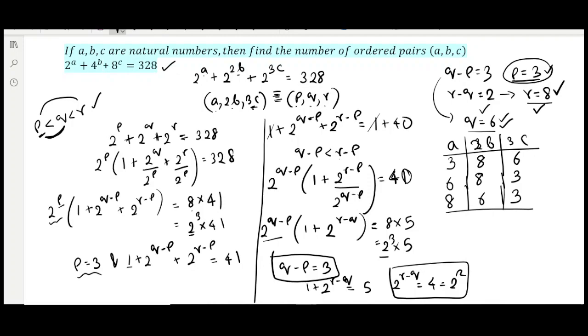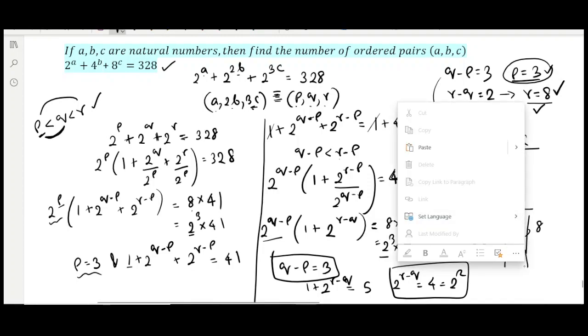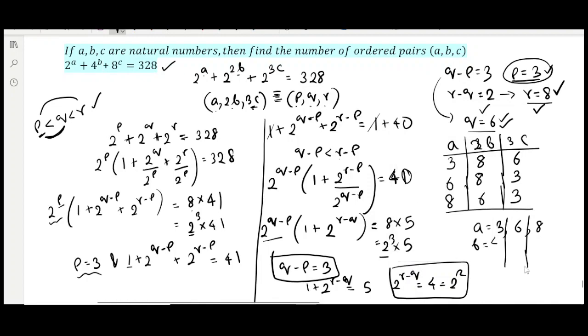So we can see that a can take value 3, 6 or 8. For the same, b will take value 4. If 2b is equated to 8, then b will be equal to 4, and c will be equal to 2.